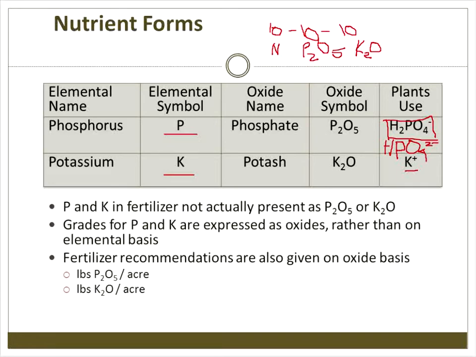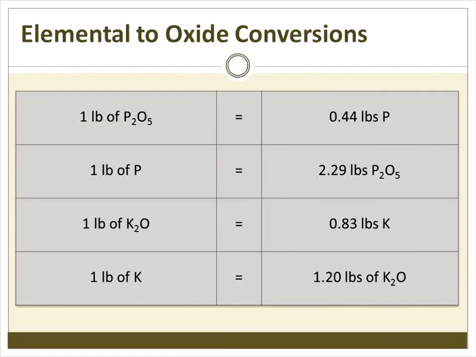Now, in our fertility recommendation models from the North Carolina Department of Agriculture and Consumer Services, all that's happened for you, all right? And we'll talk more about those fertilizer models here in about 2 slides.